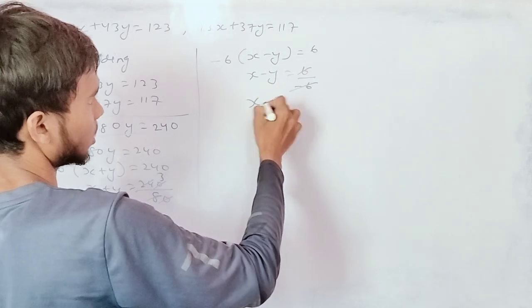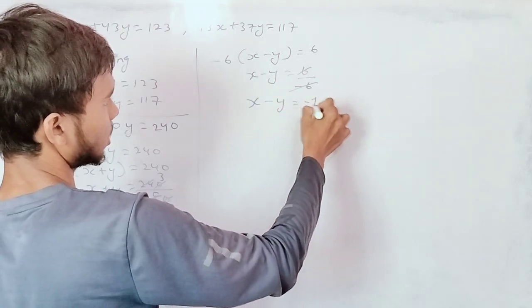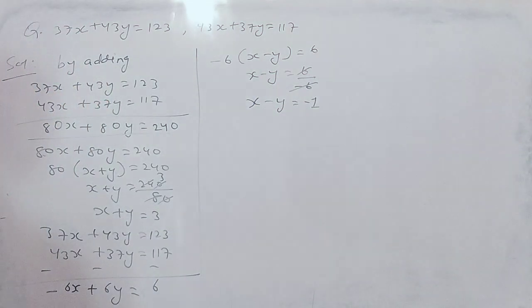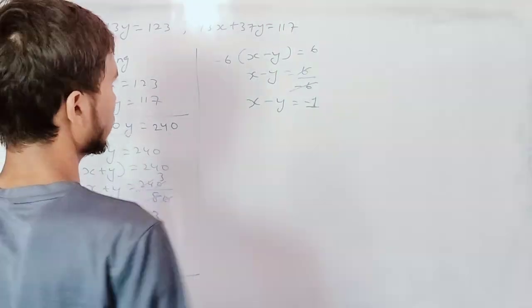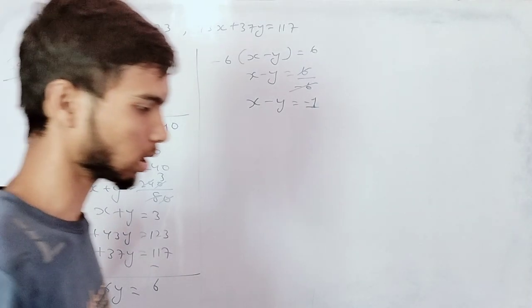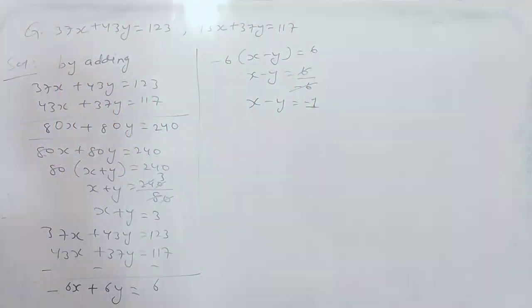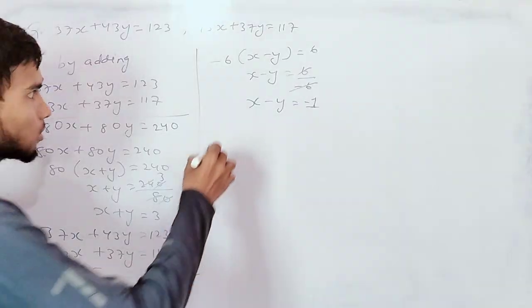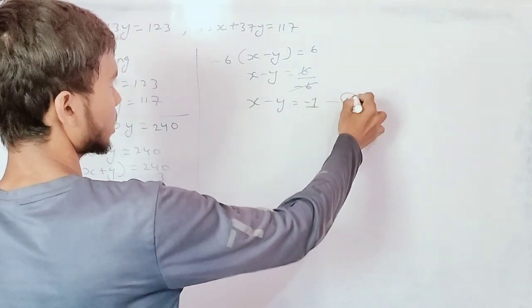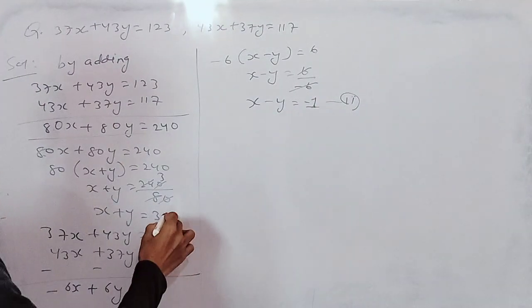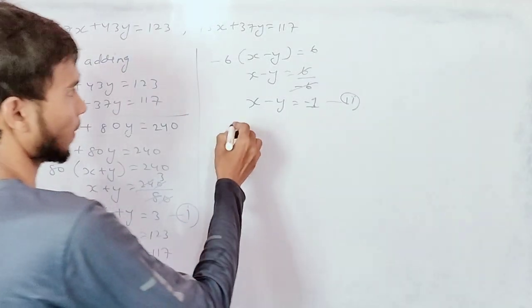It is giving us how much? x minus y is equal to minus 1. Now we have what? Simple, we have a simple equation. You can consider it as the second equation and the other as the first equation.